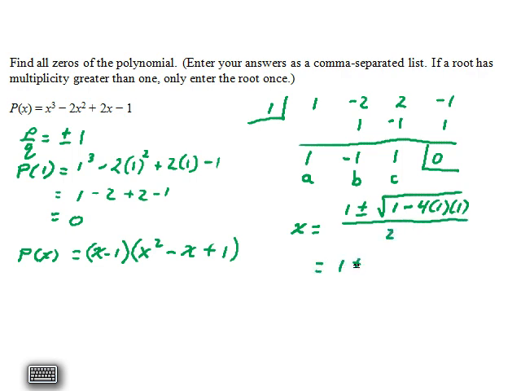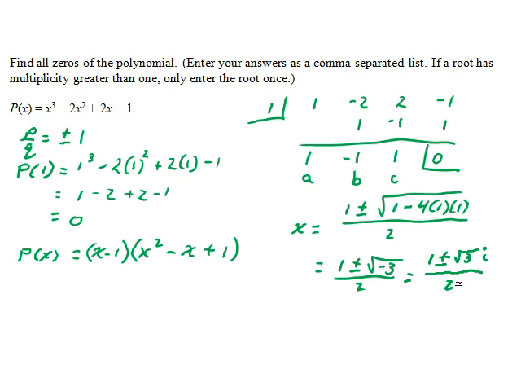So 1 plus or minus the square root of negative 3 over 2, which is equal to 1 plus or minus square root 3 times i all over 2.